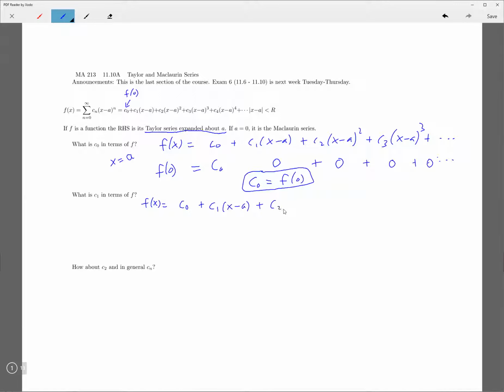Okay, now, how do you get C1? Yeah, this is more tricky.